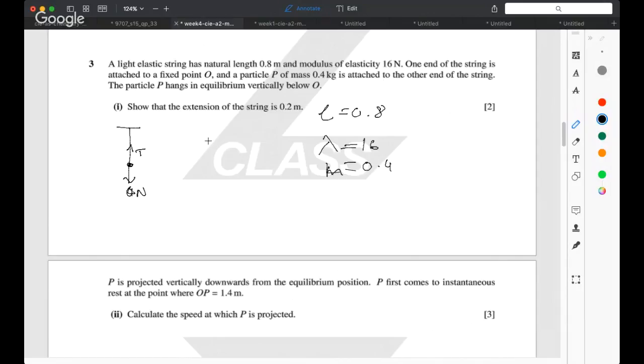Tension is equal to weight right now because that's the only force acting on the string. You've got extension, oh no, this divided by L. So if you've got 4 times 0.8 divided by 16, it will give you 0.2, I'm guessing.